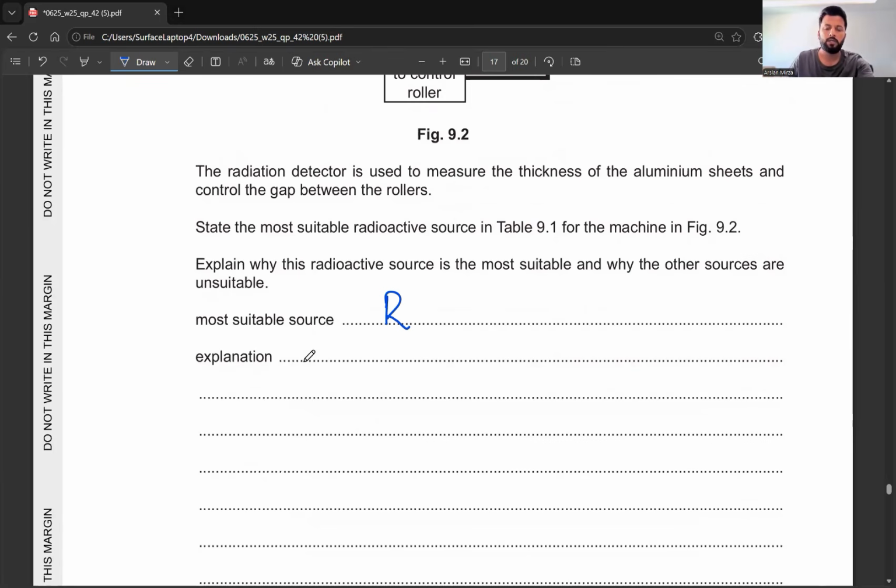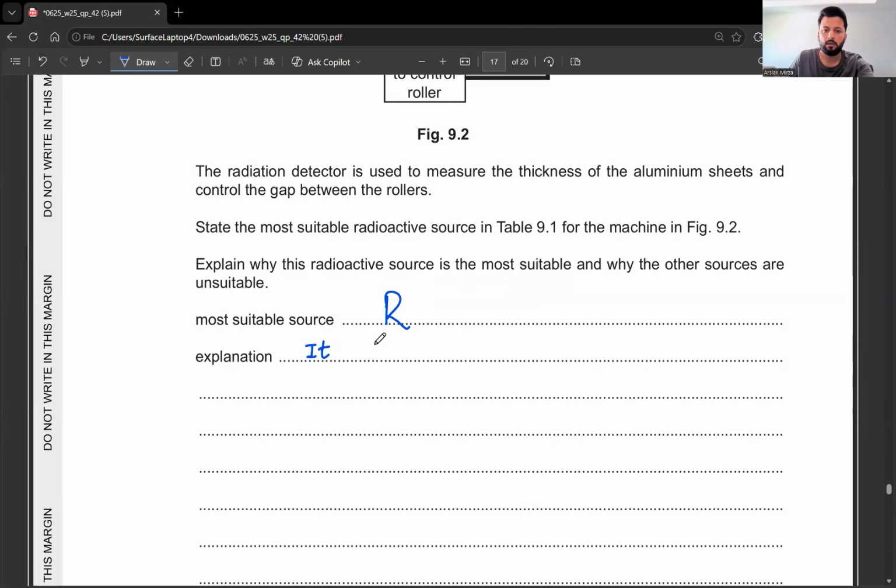So here you can write, I already explained, its half-life is more. This is the first reason.